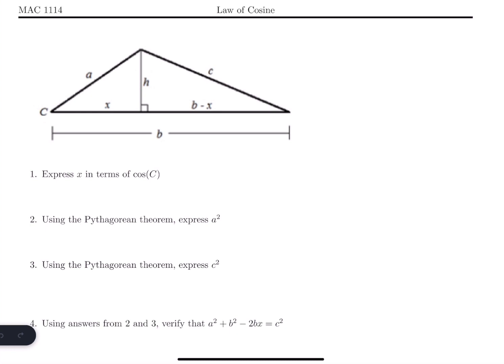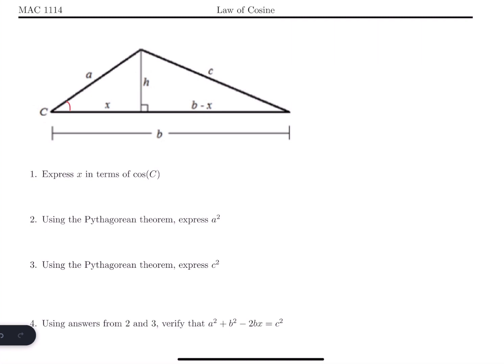So first, let's see how the law of cosines is formed. Let's derive the law of cosines from any triangle. We're given a triangle right here, and we have angle C, and lengths a, b, and c.